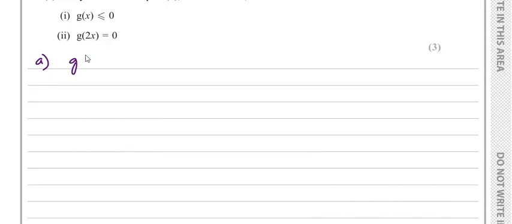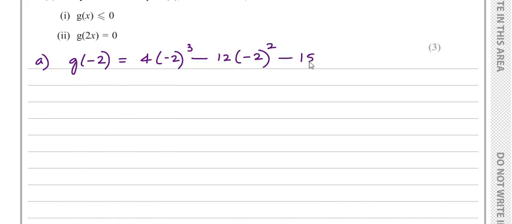So g of minus 2 is equal to 4 bracket minus 2 to the power of 3 minus 12 bracket minus 2 to the power of 2 minus 15 bracket minus 2 plus 50. I just replaced all the x values with minus 2 here.